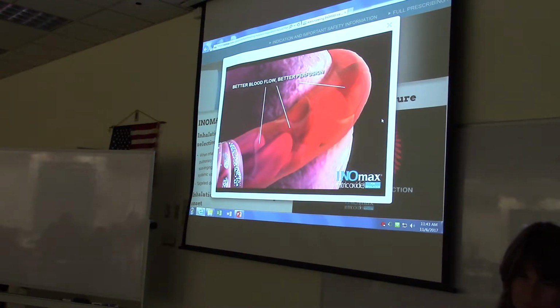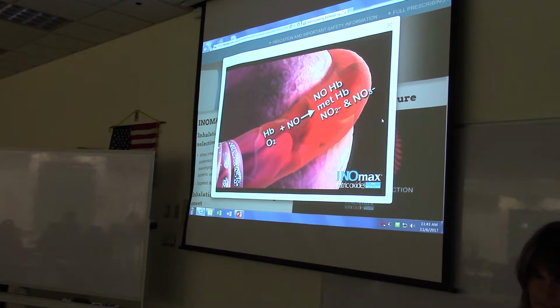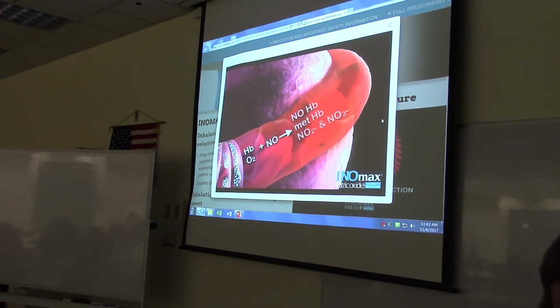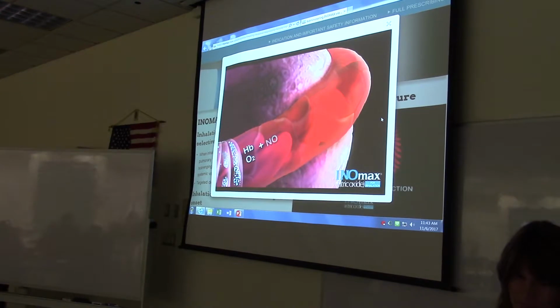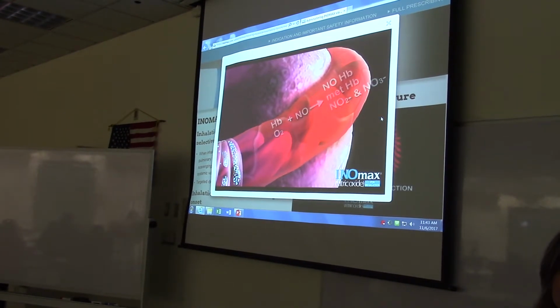Smooth muscle cell relaxation leads to pulmonary arteriolar dilation and a decrease in pulmonary vascular resistance. Nitric oxide is also scavenged by hemoglobin to form nitrosyl hemoglobin, NOHb. Then nitrite, NO2-, and nitrate, NO3-, are generated from NOHb by rapid spontaneous oxidation of the heme iron, forming methemoglobin.